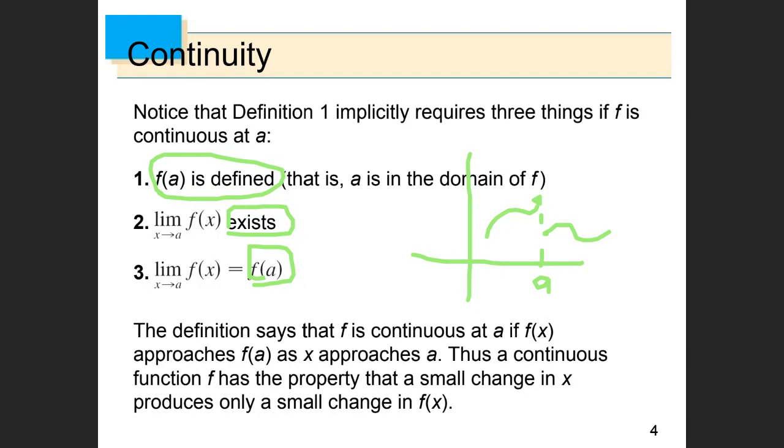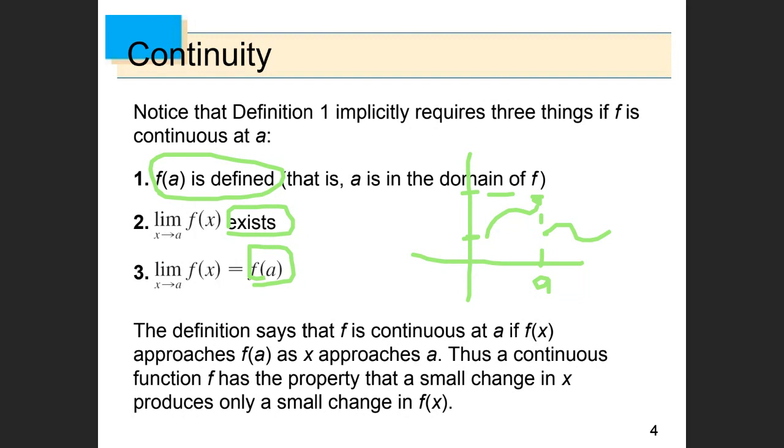f of a exists. Now the limit as x approaches a: if you check here, when you approach a from the right, you're going to get some value there, y1. When you approach a from the left, you're going to get a second value up there. These two numbers are not the same. Already, that tells you how 1 and 2 differ.